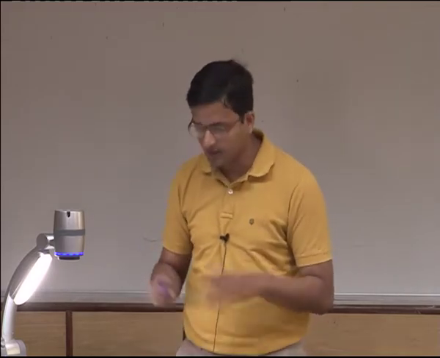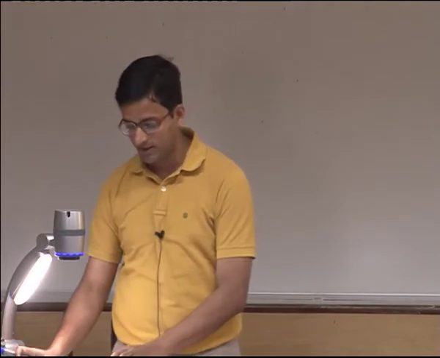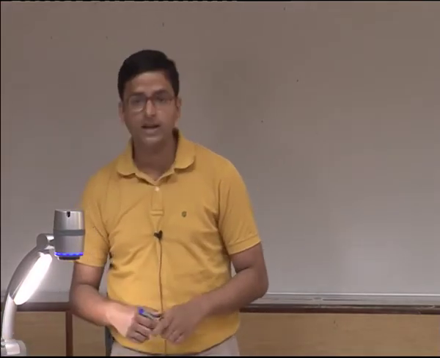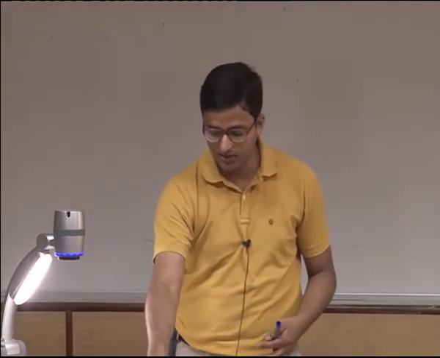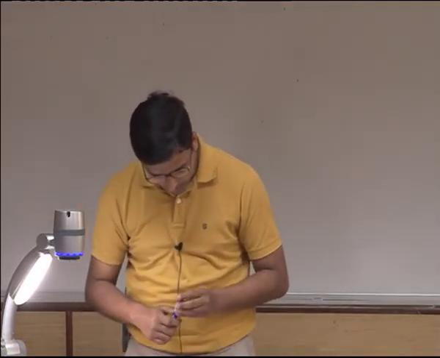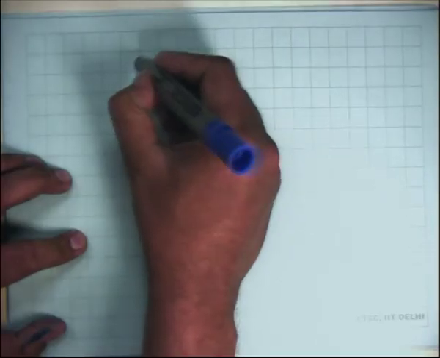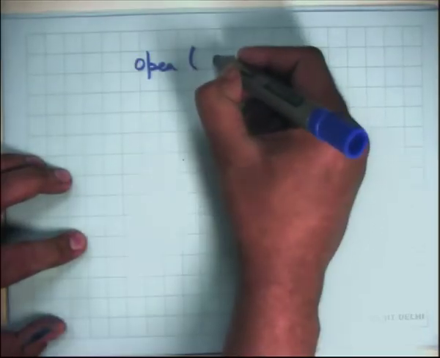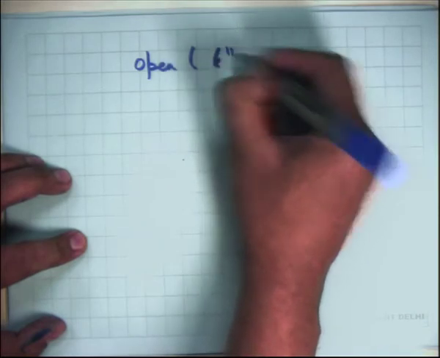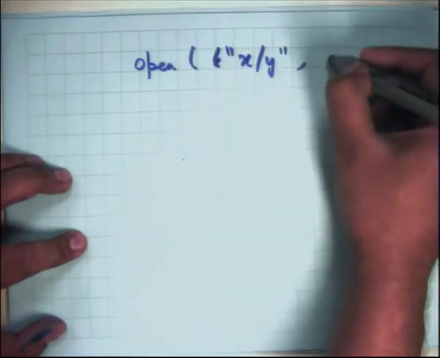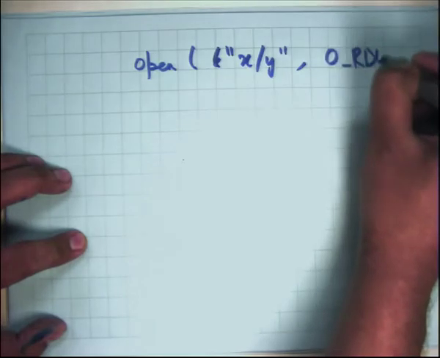Okay. So let's now think completely about magnetic disk from now on, and let's look at what kind of abstractions the operating system provides us. Recall that we have open with some file name, let's say a string x/y, and some mode which says read or write.